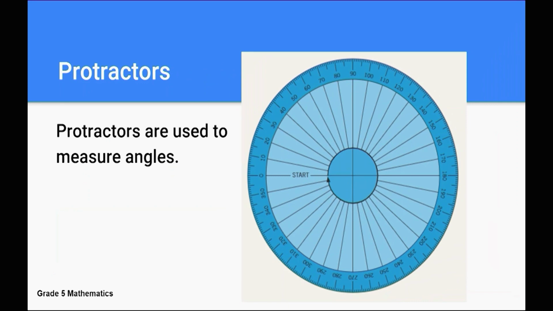This protractor can measure angles with a total of 360 degrees or less. Notice that yellow part of the protractor represents the measure of the angle. What is the measure of the angle represented in the yellow of the protractor?